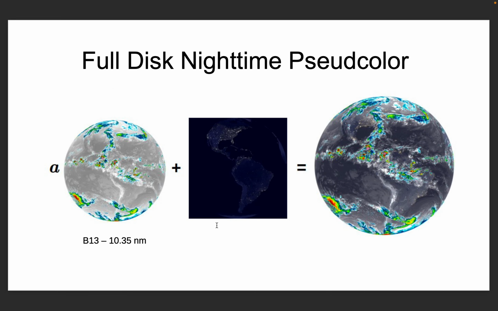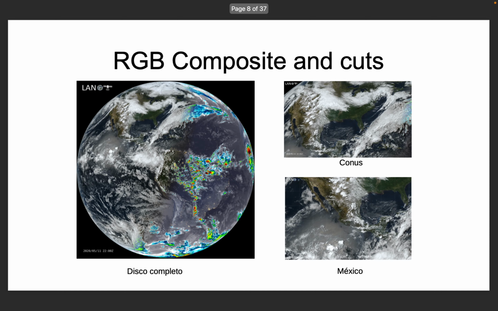And for the nighttime pseudo color or false color, we use band 13 to get the brightness temperature from the clouds, combine it with NASA's city lights, and we have this, I think, beautiful combination, this composite.